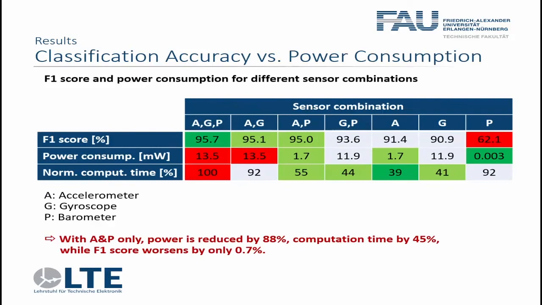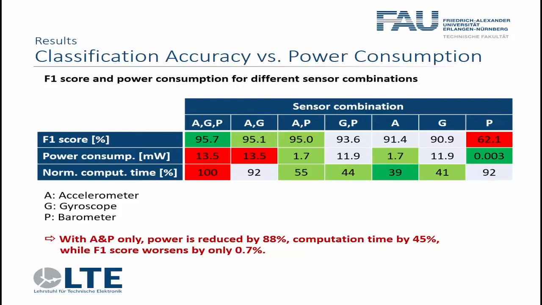Now the main finding: if we go for different sensor combinations, we get again the full sensor set here, and indeed it gets the best F1 score with 95.7%, but also the highest power consumption and highest computation time. On the other side of the spectrum, we get the barometric pressure with a very low F1 score, but with the best, of course, power consumption. So somewhere in between must be the trade-off.